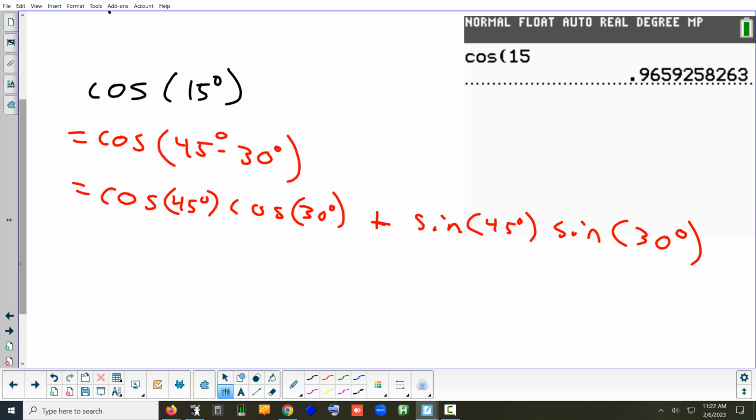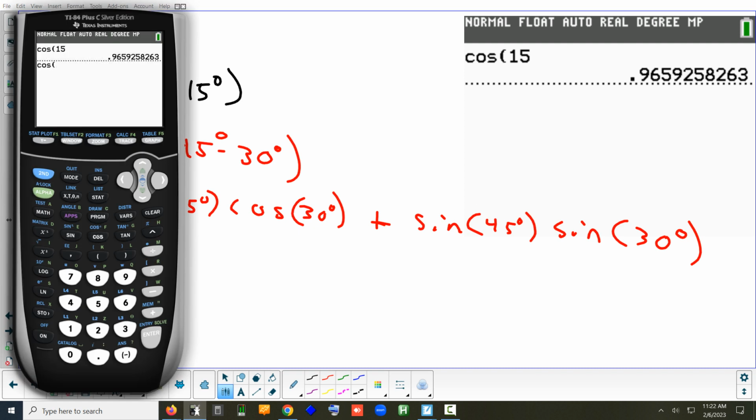So let's start with cosine 45. That's 0.707. What fraction, and it involves a square root, is 0.707? Yeah, that's square root 2 over 2.